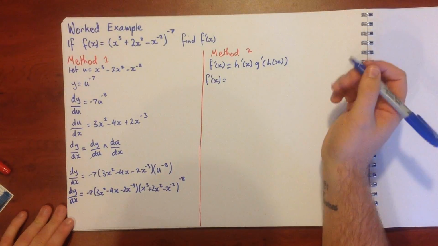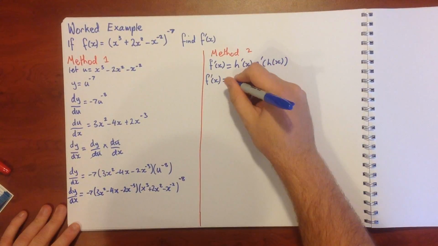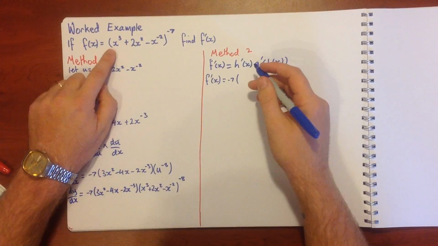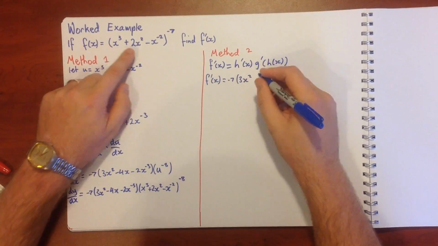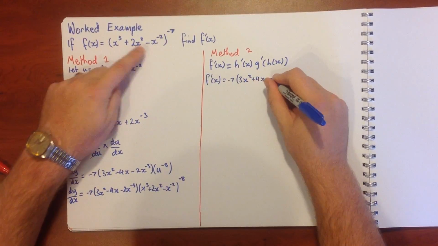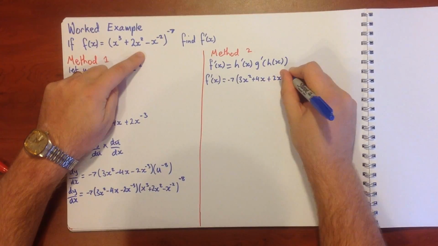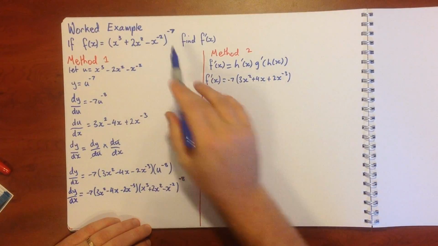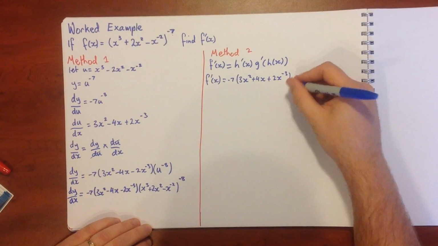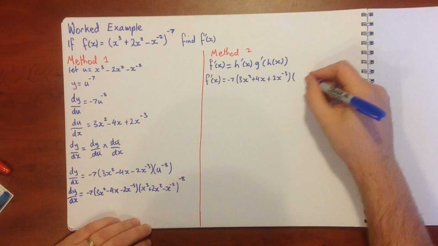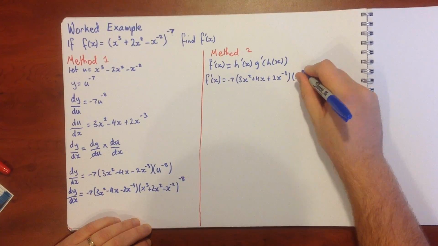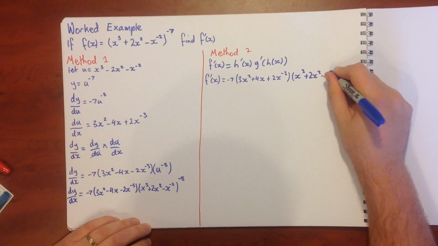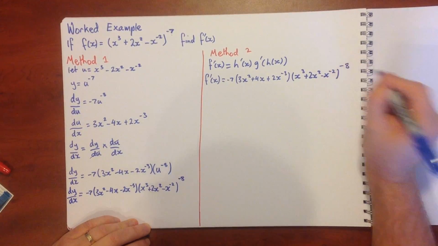So f dash of x equals negative 7, times the derivative of what's inside, which is 3x squared plus 4x plus 2x to the power of negative 3, like we found before. Then it's the derivative of all this, which basically means we change our power down by 1 and leave what we had in there originally. So we've got x cubed plus 2x squared take x to the negative 2, to the power of negative 8. And we're done.